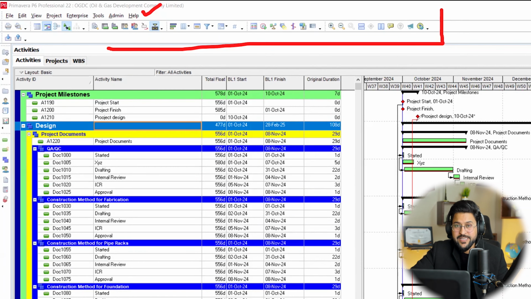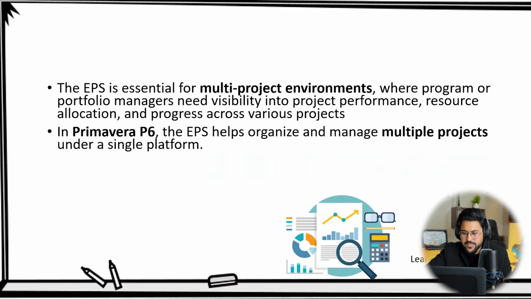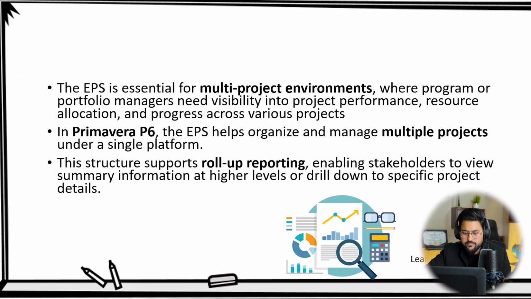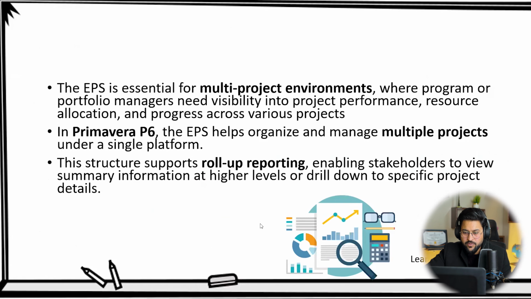In Primavera P6, we need to develop this structure to give permissions to allocate resources and costs, to make our system connected under a common organization. So Primavera P6 is going to help us organize all these multiple projects, if a company has projects in different locations but with common, shared resources. This structure supports roll-up reporting, enables stakeholders to view summary information at higher levels, or drill down to specific project details. So I will be sharing that one with you one by one over here.